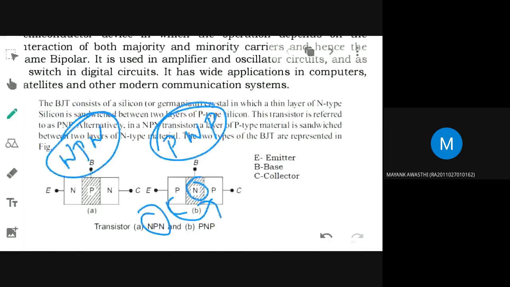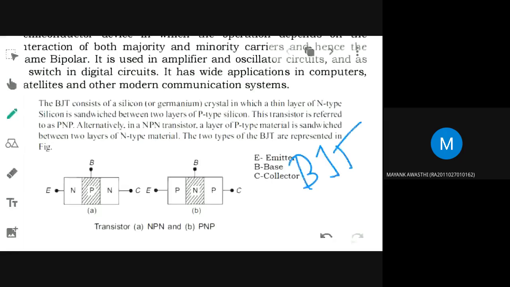The middle layer will be basically the base. On this side, you will be having the emitter, and on the other side, you will be having the collector. So what are the two types of BJTs that you can have by construction? NPN and PNP.